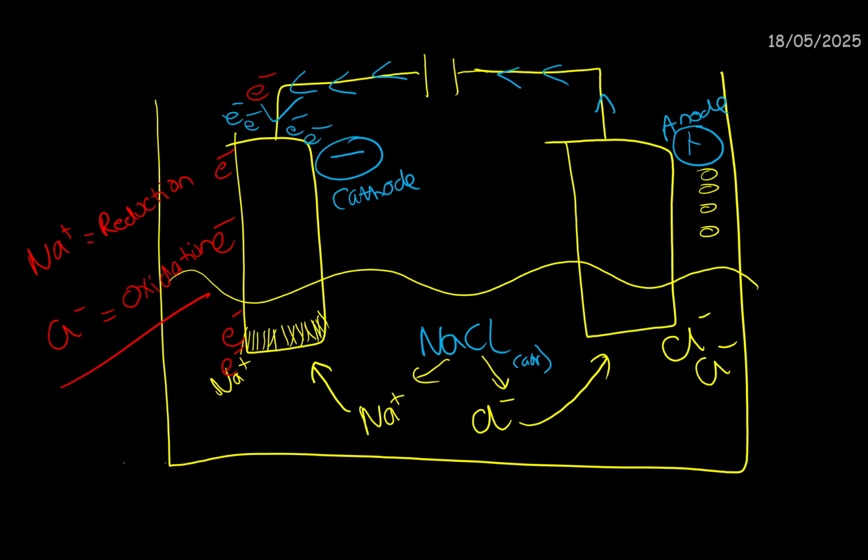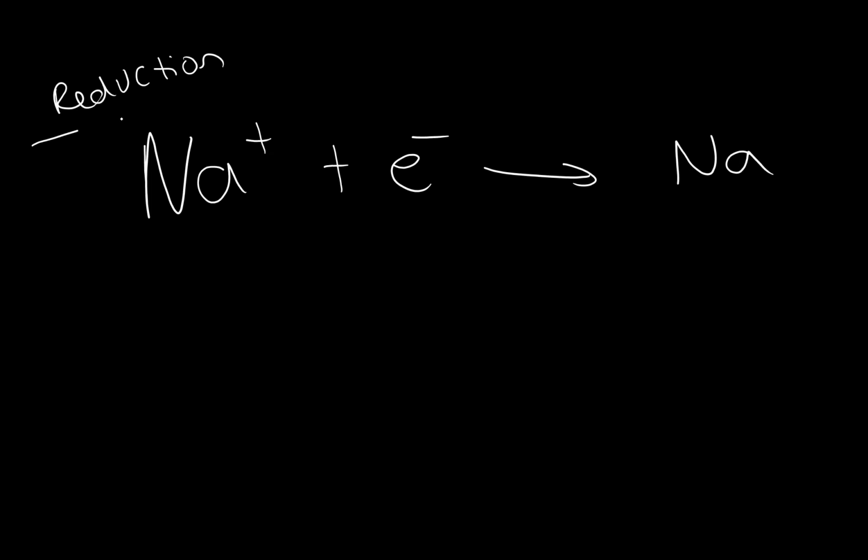Okay, we need to know how we write the equations then. So let's have a look at the equation for reduction. Na+ plus e- goes to Na. This is reduction. Now I'm missing something from this: state symbols. So solid, aqueous.